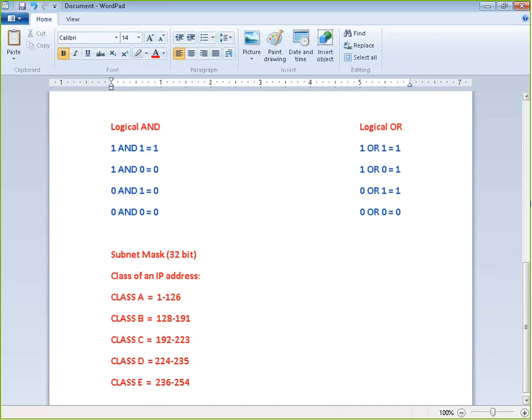Can you tell me? Refer to the table, you'll get a clear picture.